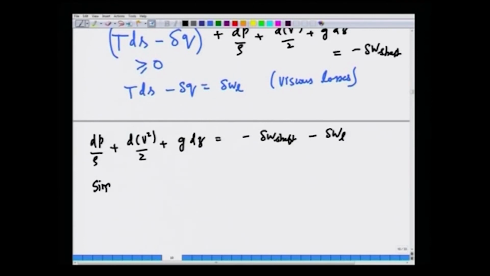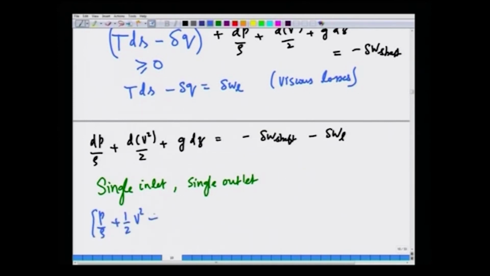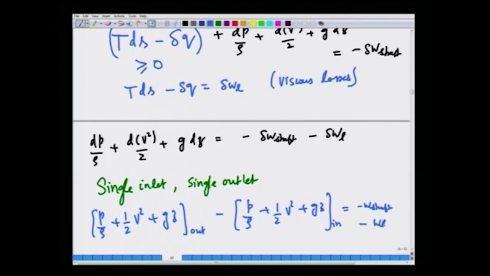So, I am going to change it back to a single inlet single outlet kind of system, to give P by rho plus half V squared plus G Z at outlet minus P by rho plus half V squared plus G Z at inlet is minus W shaft minus W loss, viscous losses.